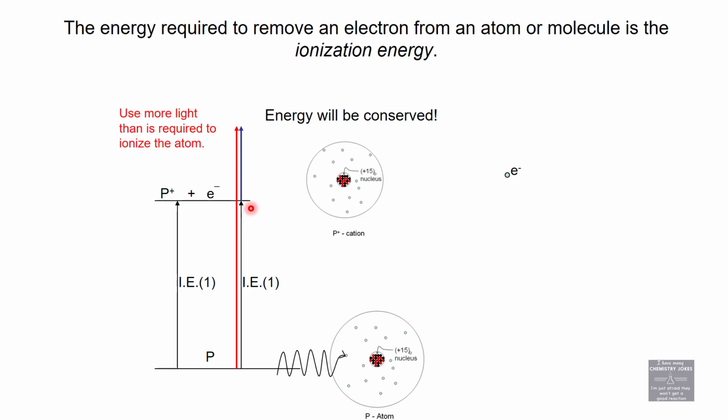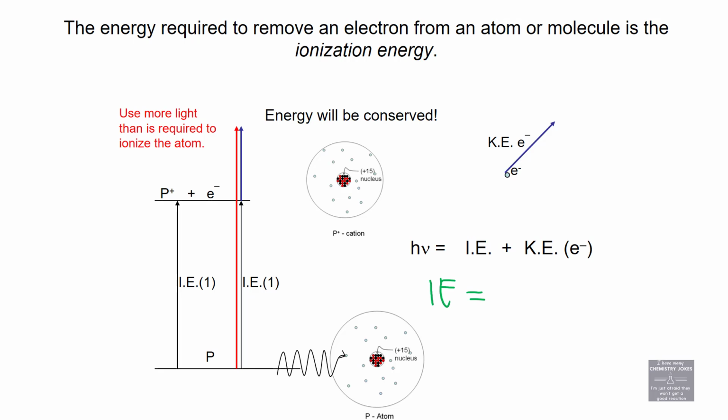So as I rip away that electron, the electron starts moving away, and I can measure the kinetic energy that this electron has as it's moving away. So if I know that I put in photons of a certain energy, this is the light energy being put in, and I can measure the kinetic energy of the electron as it's moving away, I can determine the ionization energy of any given atom.